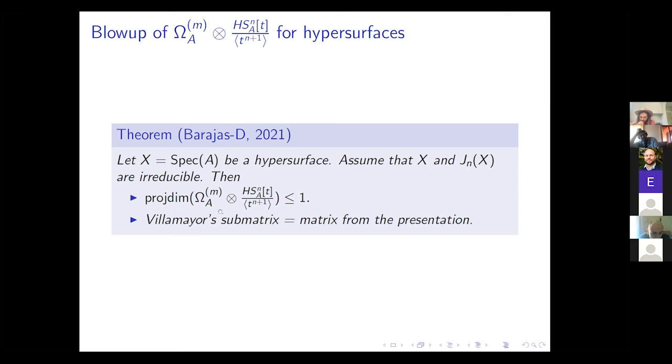The projective dimension is less or equal than 1, and again, because of the numbers appearing in these computations, the Villamayor submatrix is actually the matrix itself. All these results are our main tool to study this blow up. I'm almost out of time.